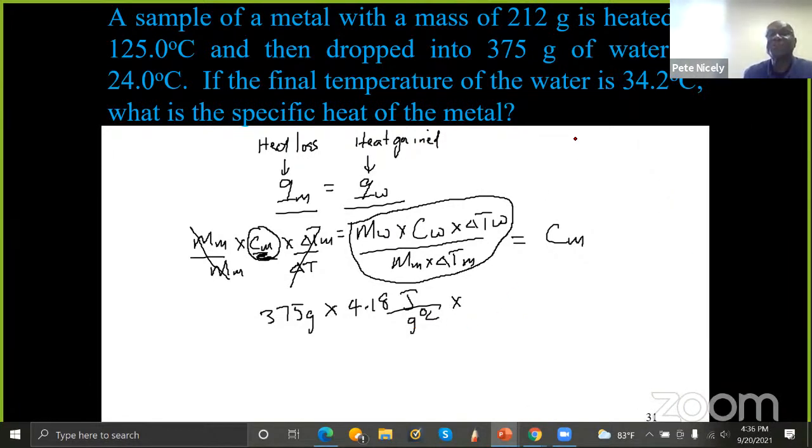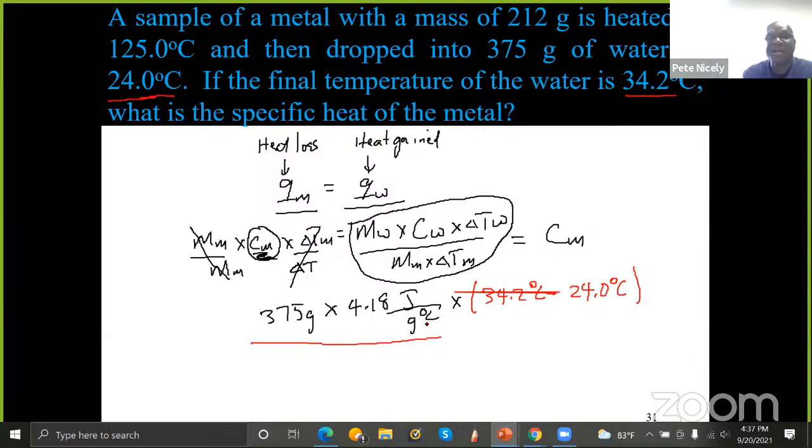So the change in temperature of the water would be the difference between the 34.2 and the 24.0 here. All right. So down here, we're going to have times 34.2 degrees Celsius minus 24.0 degrees Celsius. All right.